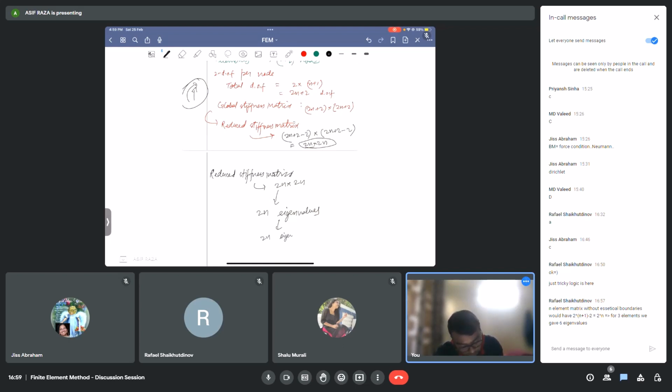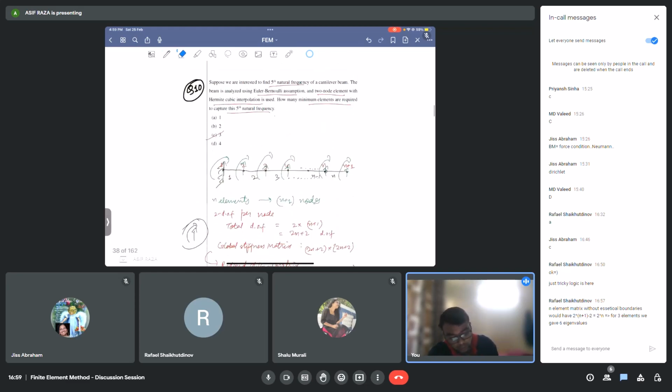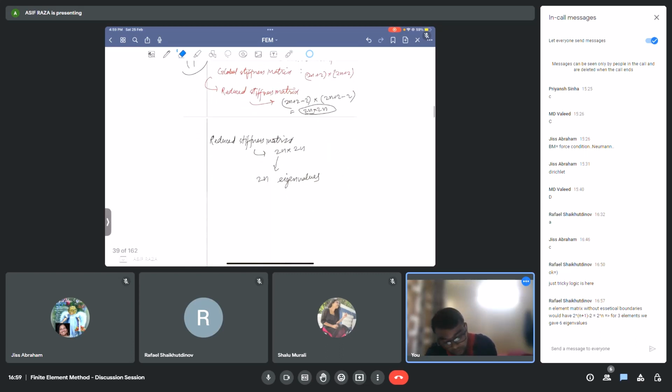We want to have the fifth natural frequency, so 2n should be greater than or equal to 5, so that we can capture the fifth natural frequency. So n is greater than or equal to 5 by 2, that is 2.5.